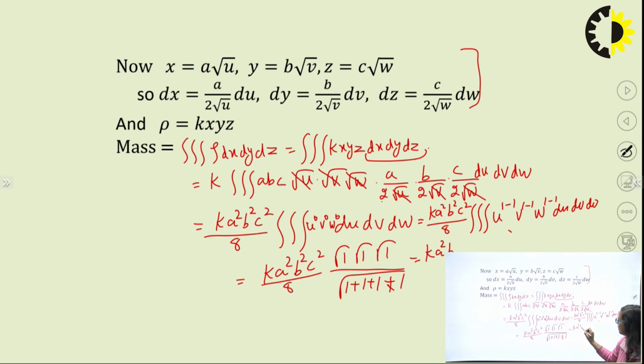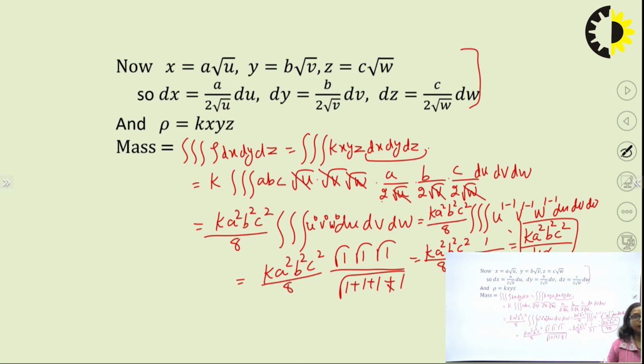It's k a square, b square, c square upon 8, 1 upon gamma 4, and gamma 4 we know is 3 factorial. 3 factorial means 3 times 2 times 1, which is 6, and here it's 8. 8 times 6 is 48. So if I multiply, I am getting the mass as k a square, b square, c square by 48. So this is the mass which we are getting over here.